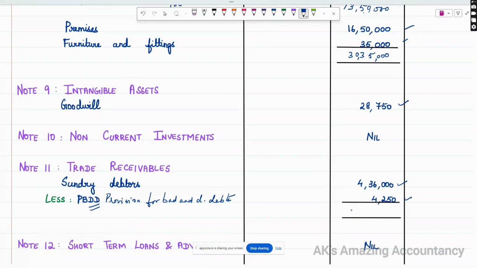So you will be getting 4,31,750. So this is Note 11.